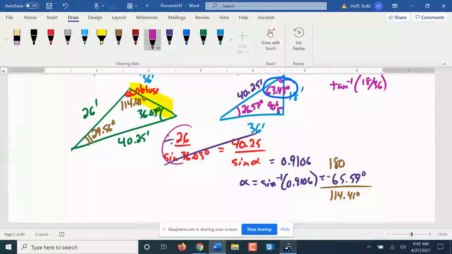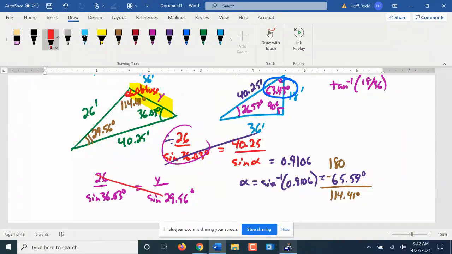So I still have the 26 over the sine of 36.03 equals, I'll call that y for now, over the sine of 29.56. Now we're expecting this to be slightly smaller than 26 because that angle, 29, is smaller than 36.